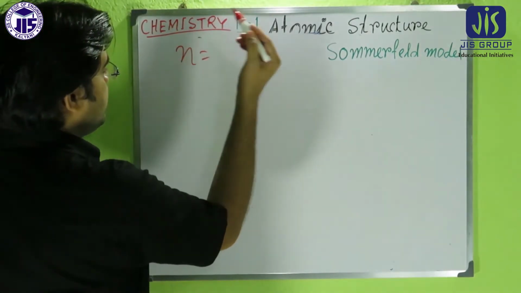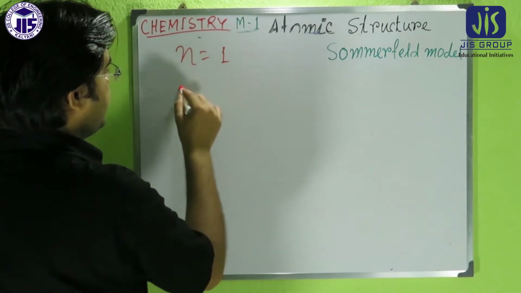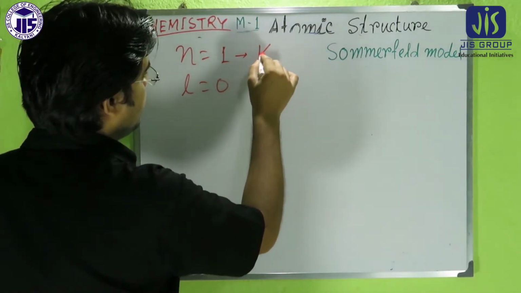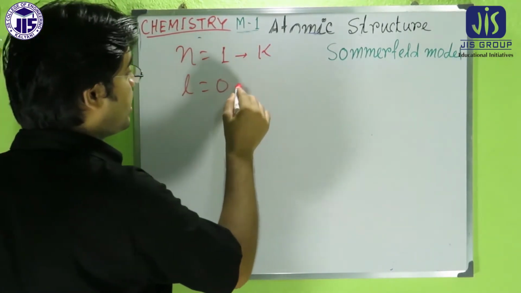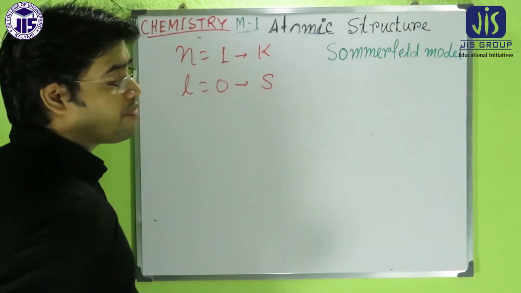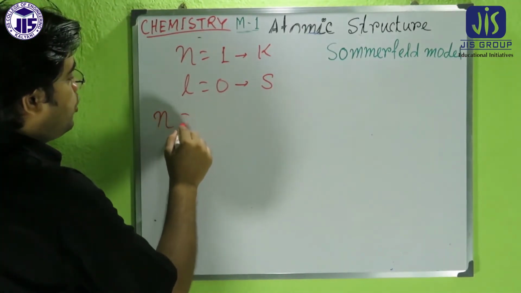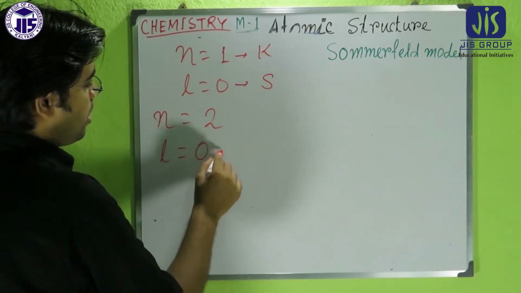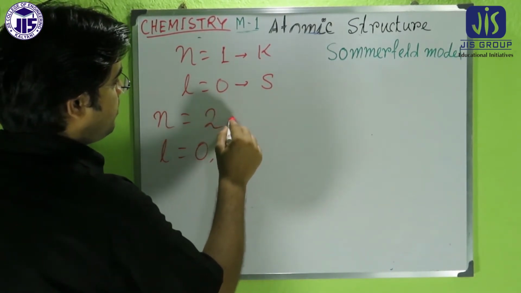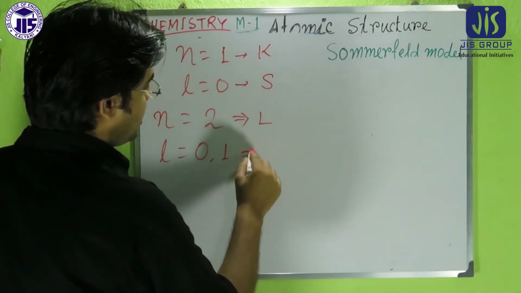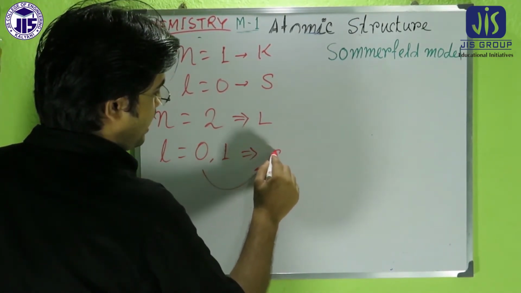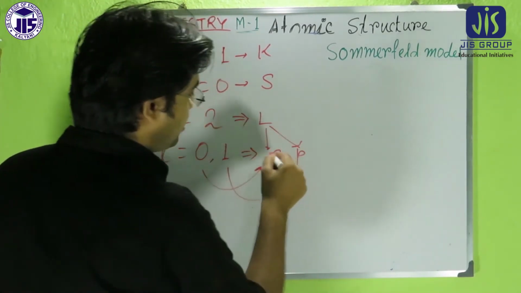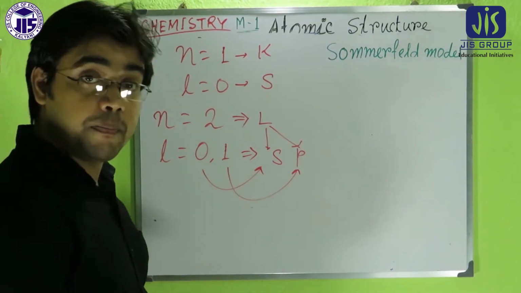If n is equal to 1, then L is equal to 0. That means it has only one shell or orbit, K, and here only s. But if n is equal to 2, then L is equal to 0 and 1, so the L shell is a combination of s and p.